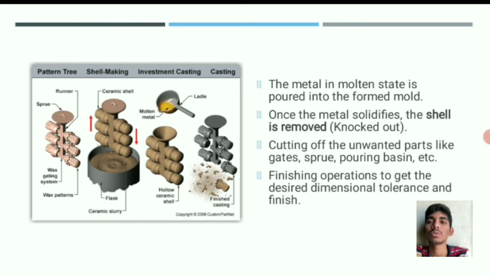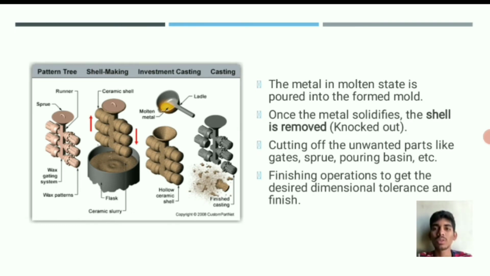In the first stage, we take the component of the desired shape and make it with the help of wax, and then we dip it into a ceramic slurry, which forms a thin shell. Then we wait for it to solidify, and then we supply heat near the material so that the wax inside melts out, and the shell formed by the ceramic slurry possesses high dimensional accuracy.